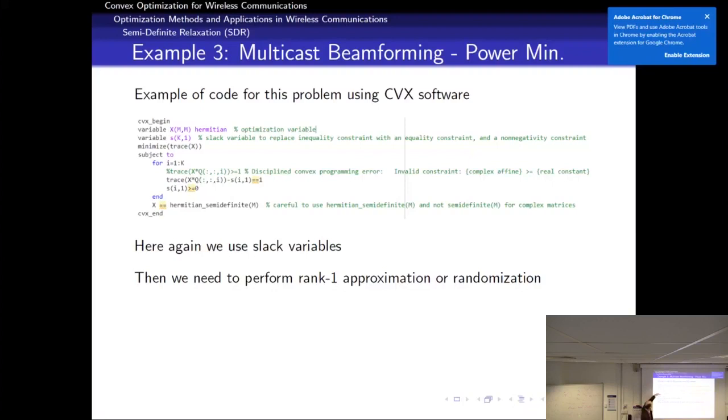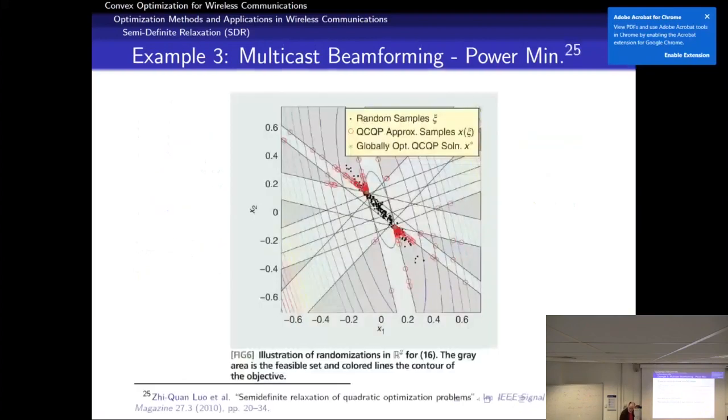After doing that, you need to do this rank 1 approximation or rank 1 randomization. You need to make sure that your X that is obtained is actually rank 1, and you need to create randomization vectors W that are now rank 1.